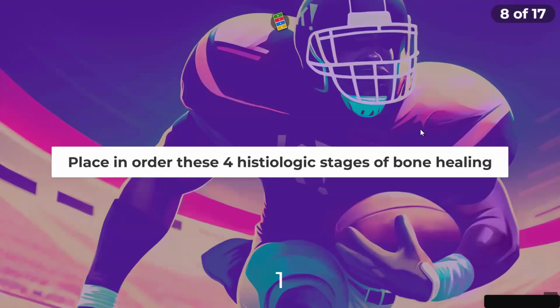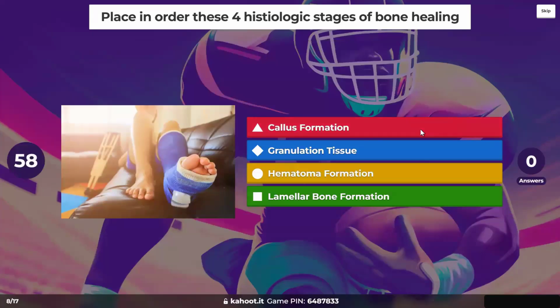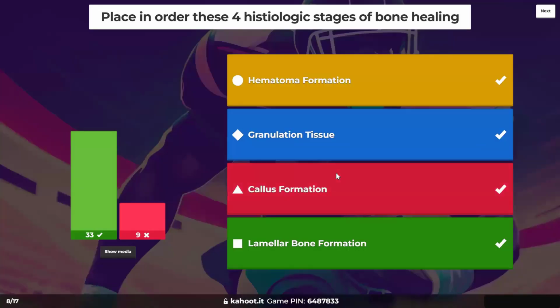All right, now place these in order, the 4 histological stages, 4 of the 5. I used to teach a mnemonic to remember this, and it was, hey, Granny, call lamellar remodeling.